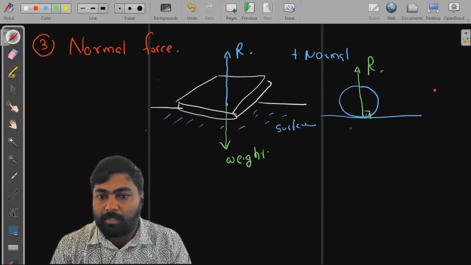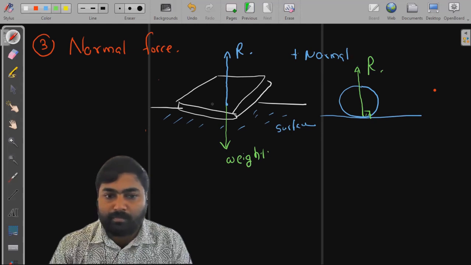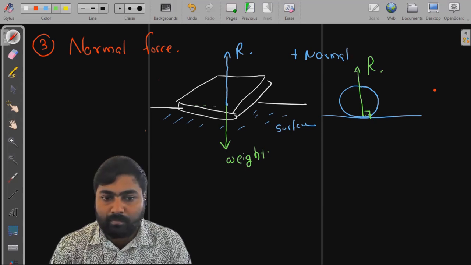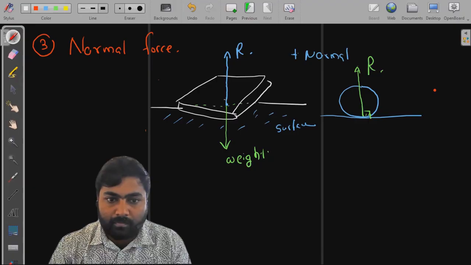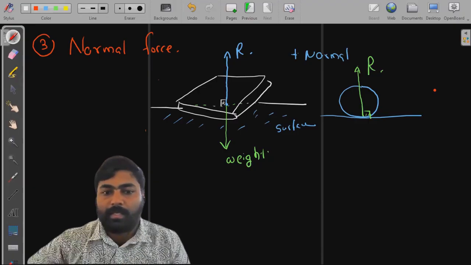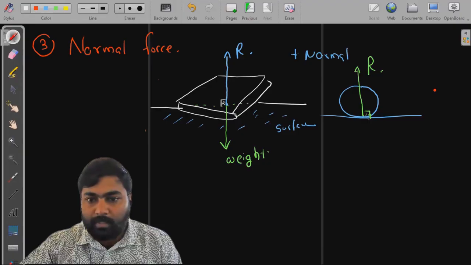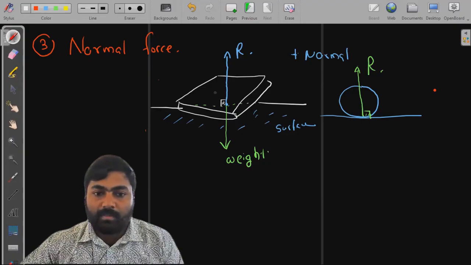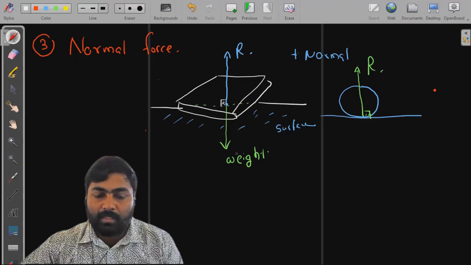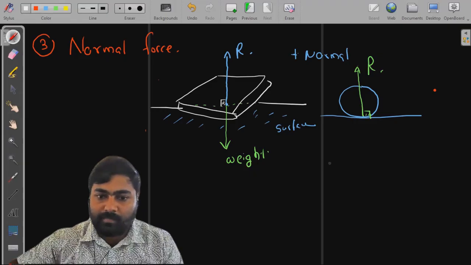What is meant by perpendicular? Straight, at a 90-degree angle. This always originates at a 90-degree angle to the surface. Clear?